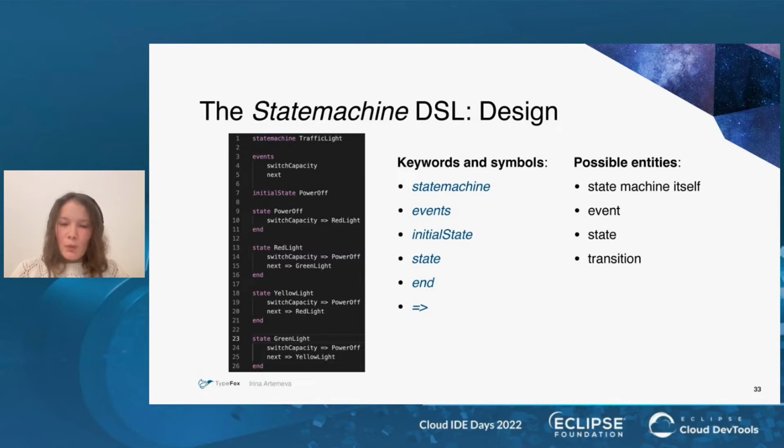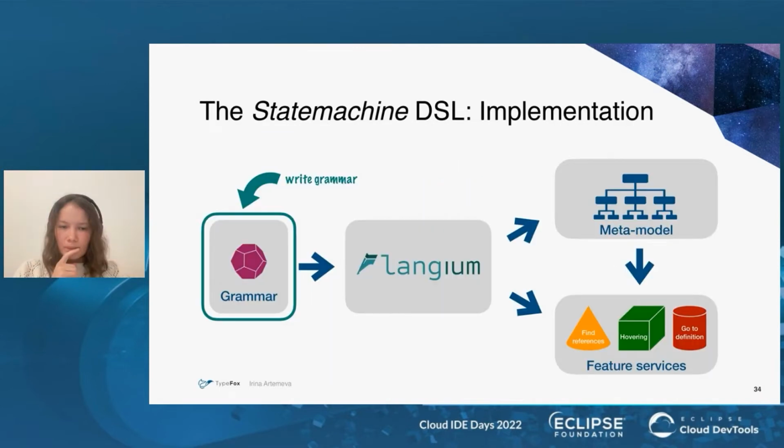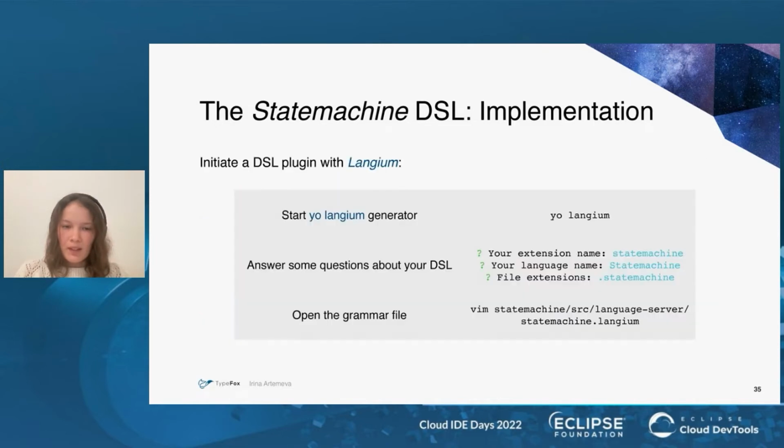Okay, now when we know many things about our DSL, we can go to the implementation stage. And that's where the magic happens, and Langium can write everything. We need to write the grammar of our DSL. For that, we need to initiate a DSL plugin with Langium.